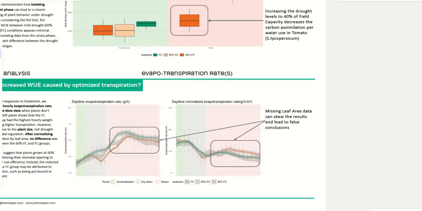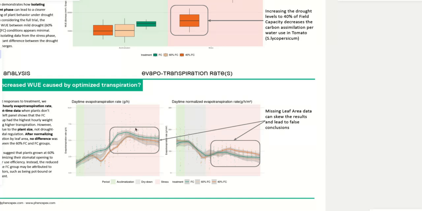To sum up, the normalized evapotranspiration rate shows there is no difference in transpiration per leaf area between the 60% and the full field capacity groups. This supports the hypothesis that tomato plants are anisohydric.